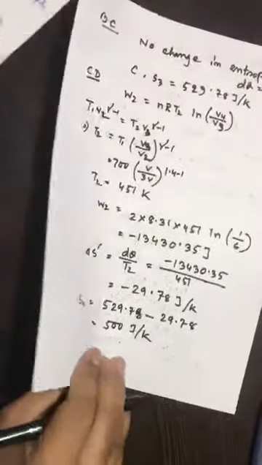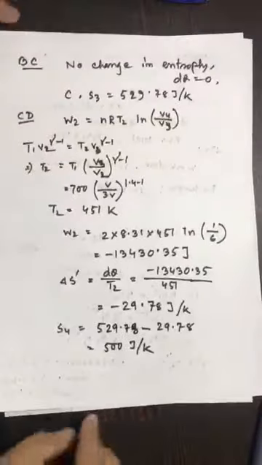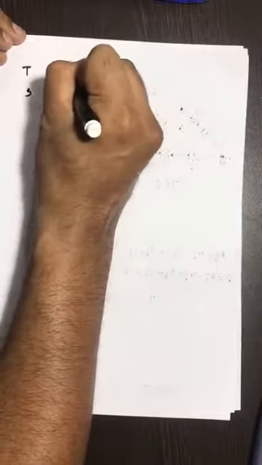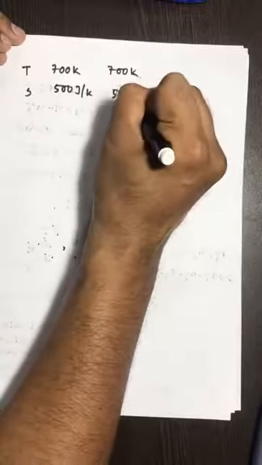And now we draw the graph with what we have found for the entropy. We write down the temperatures and where everything lies. So at 700 Kelvin, in the temperature versus entropy graph, we find 500 joule per Kelvin entropy, and again at 700 Kelvin we find 529.78.